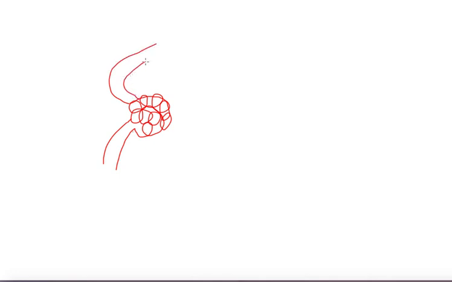Right, so for this one, I'm going to draw our incoming vessel, the afferent arteriole. I'm going to draw just sort of loops here to indicate the glomerular capillaries. Then there's the vessel that exits the glomerulus. That was the efferent arteriole. Then we have our peritubular capillaries.